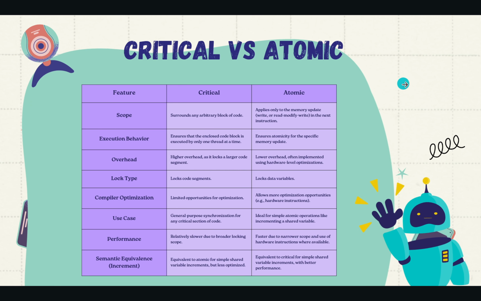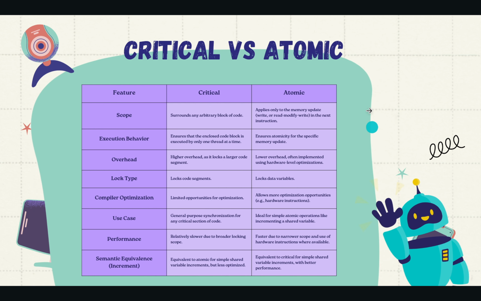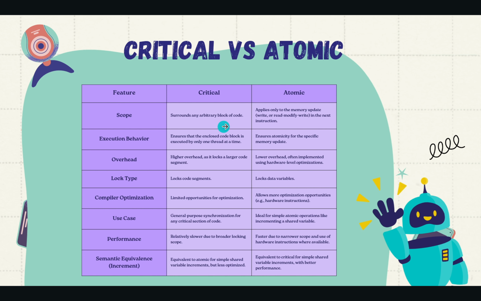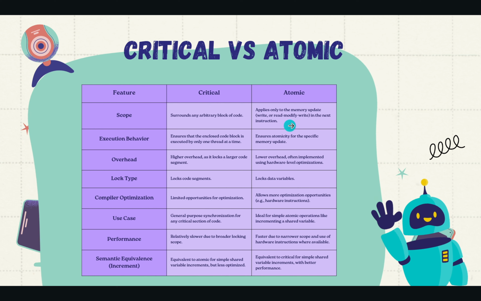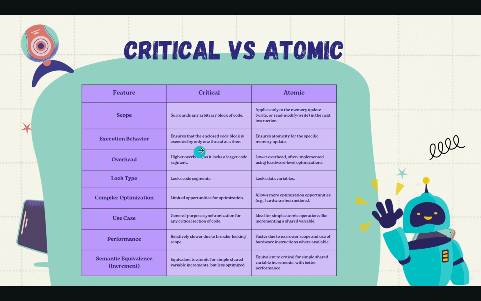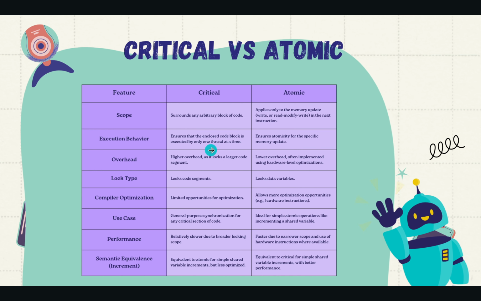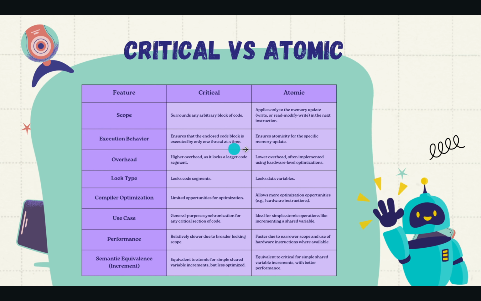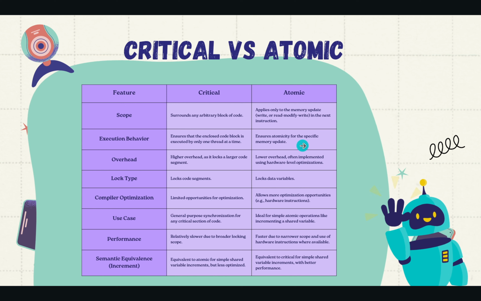Here is a comparison between the critical and atomic solutions to understand when to use each of them. The scope of critical is an entire block of code, while atomic only applies to the memory update. As for execution behavior, critical ensures that the enclosed code block is executed by only one thread at a time, while atomic ensures atomicity for the specific memory update.